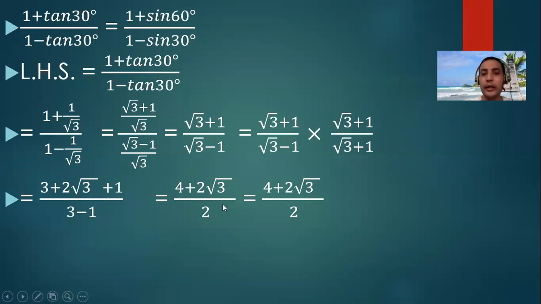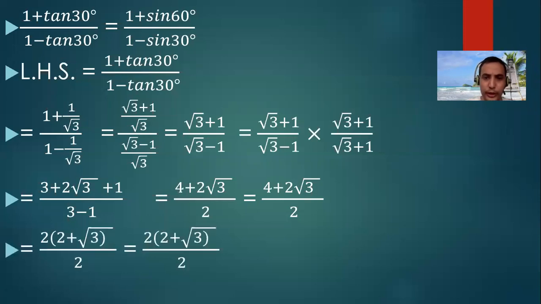And then in the numerator, you can take 2 common, that means 2 and 2 √3 will be there, and this 2 and this 2 you can cancel, and after cancelling only 2 √3 is remaining.